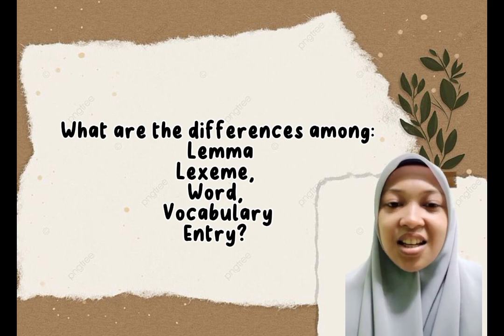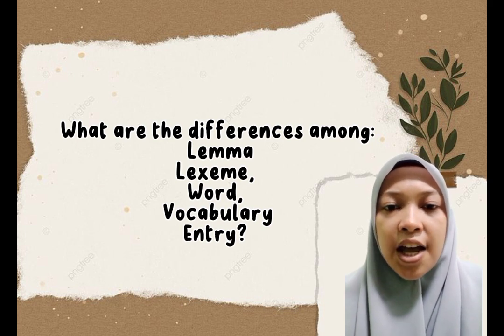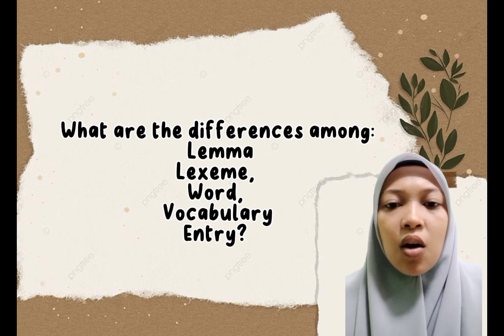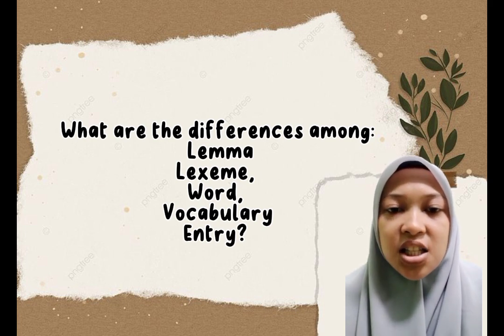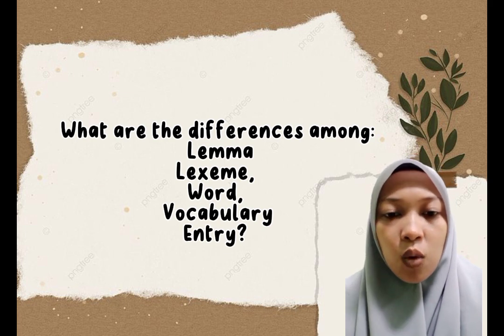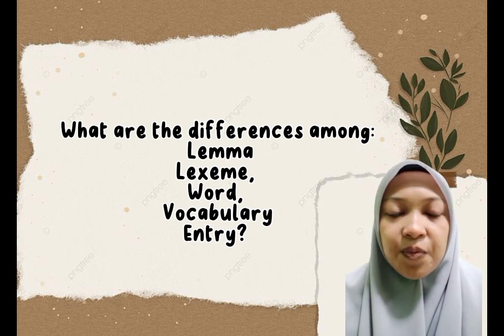And the last, entry. Entry pertains to a record or name in a dictionary or lexical database. It provides information about a word, including its definition, usage, spelling, and example sentences.